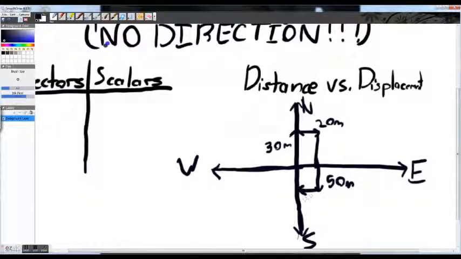So we want to find the distance this object traveled. Let's go ahead and use a different color here. Let's go with blue.